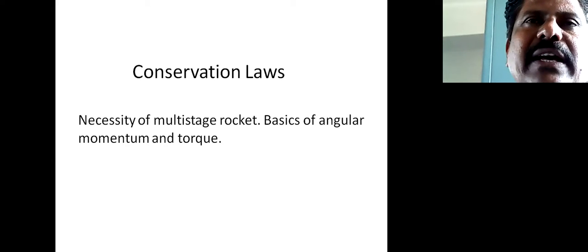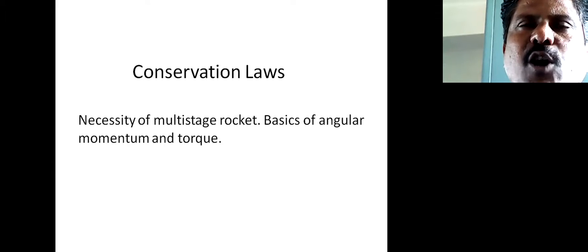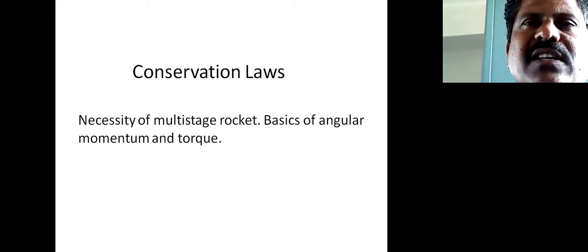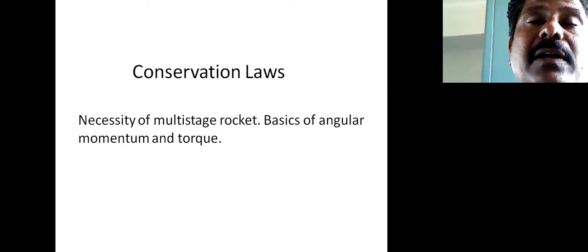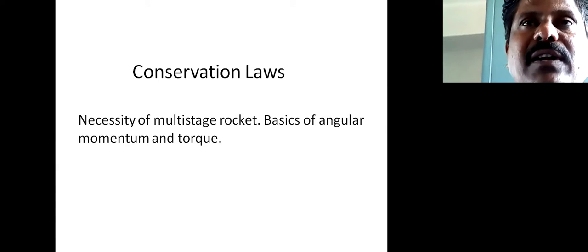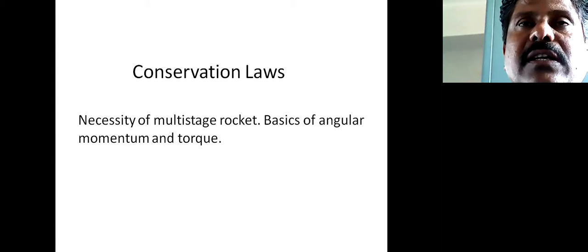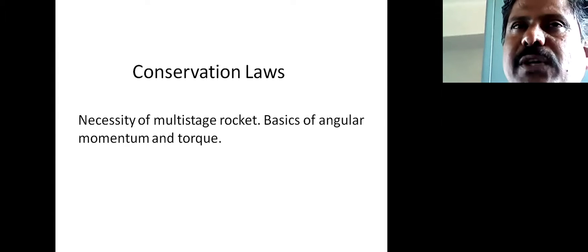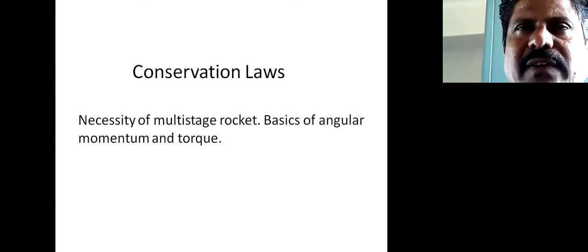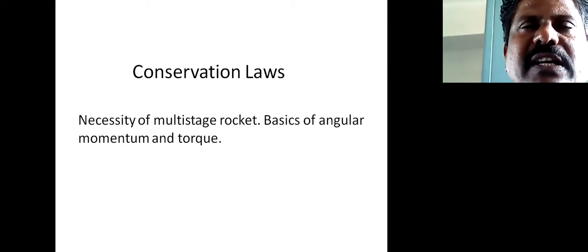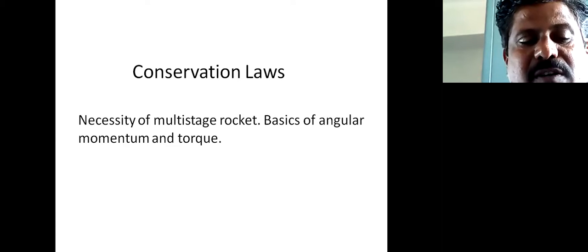When you connect the rockets in two stages, the final velocity of the double stage rocket is two times that of the single stage rocket. Okay.